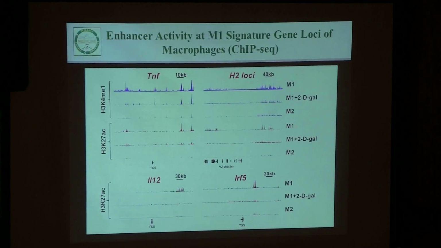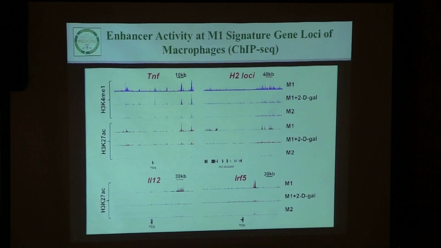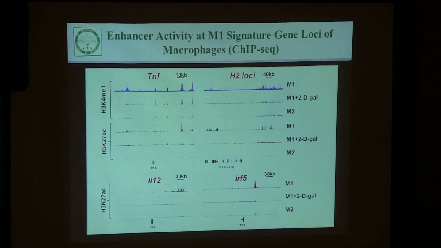So we then performed a ChIP-seq study to figure out whether fucosylation plays an important role in enhancer activity. As the ChIP-seq data here show, at the M1 signature gene loci of macrophages, including TNFα, MHC class II, IL-12, and IL-6, in the M1 macrophage all these loci have a very high enhancer activity, as shown here.